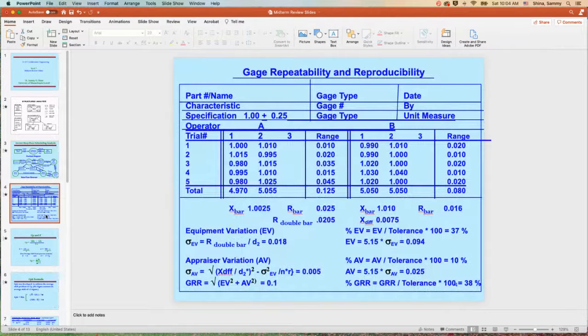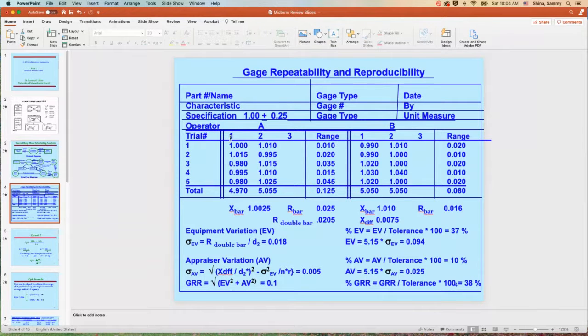So this is the example I gave in the slides. And again, we want to look at what we're trying to do. We have 5 parts and 2 operators. So each operator tests the 5 parts twice.